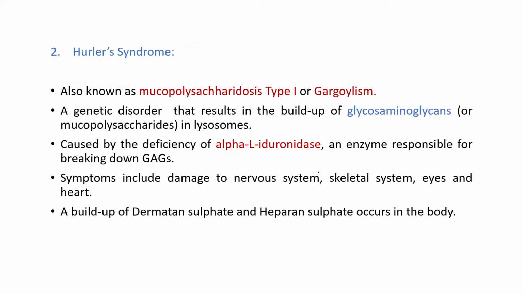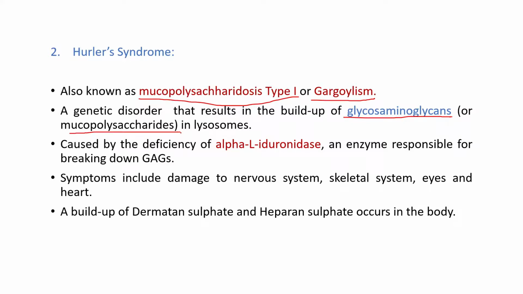The second disease is Hurler's syndrome. This is also known as mucopolysaccharidosis type 1 or gargoylism. It is a genetic disorder that results in the buildup of glycosaminoglycans or mucopolysaccharides in lysosomes.